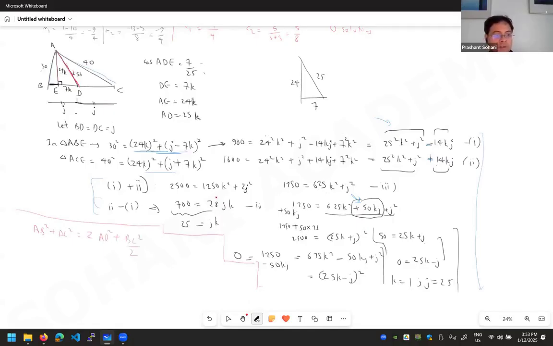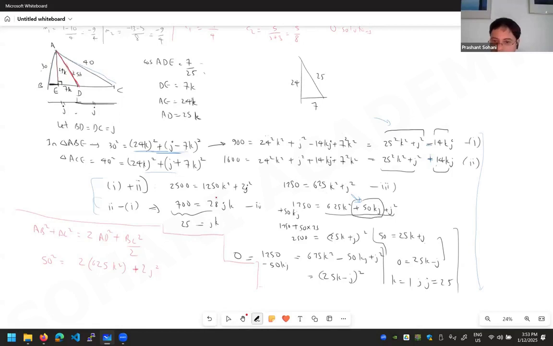If I do that, maybe some of this calculation will get simplified, because AB square plus AC square is just 50, right? So 50 square is equal to 2 times AD, which we have assumed as 25k, so 625k square, and instead of BC square by 2, BC is 2 times j, so it will be 4j square divided by 2, effectively 2j square.